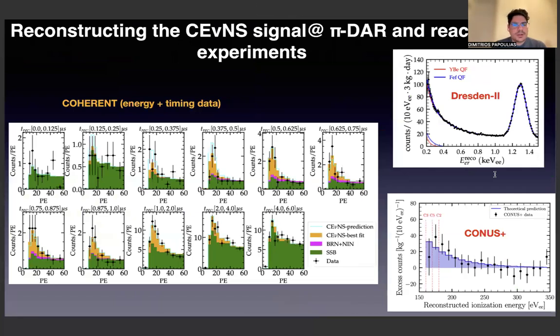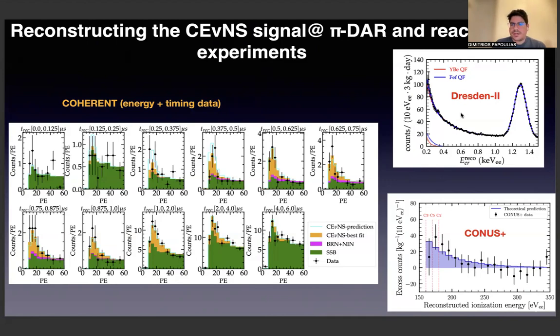In what follows, I will discuss our constraints on various beyond the standard model physics that we have obtained. This happened through realistic simulations of the expected signals, taking into account all the ingredients. For example, we have taken into account detection efficiencies, resolution effects, or for the case of the COHERENT experiment, we also took into account the energy and timing data, and we expressed the signal in a measurable quantity, which in this case is the photoelectrons.